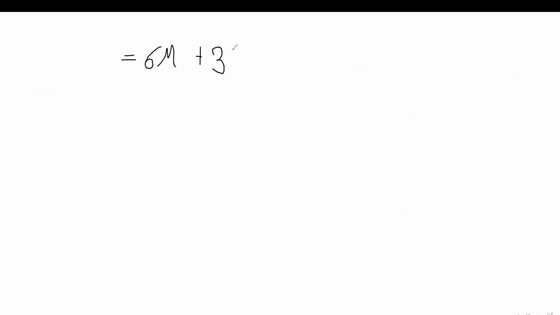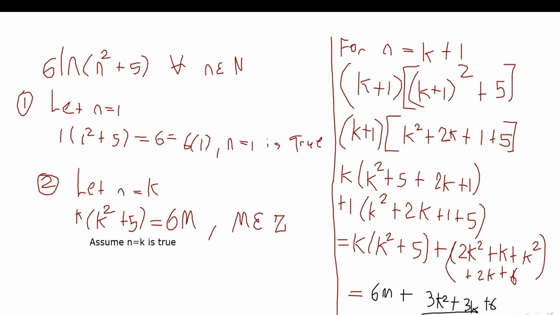Because if we factor out 3k, we only end up with 3k times k plus 1. Then we're going to have plus 6. You agree with this? All I did was factor out 3k right here. So that part here, rewrite it as 3k times, in bracket, k plus 1. You agree with this? Yes, sir.